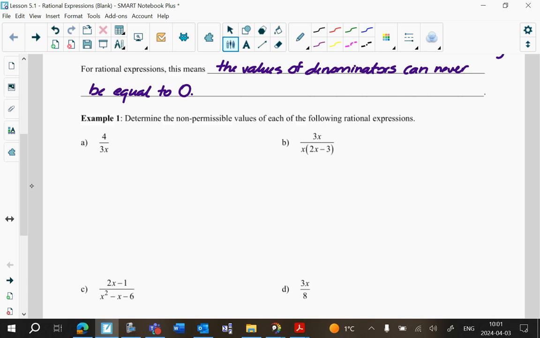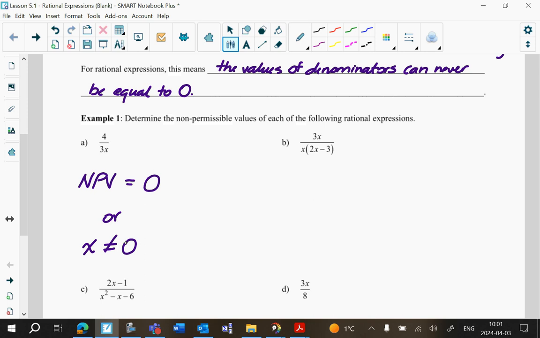Okay, so we could say it one of two ways. We could say the NPV is equal to 0. Or you could do it this way. X is not equal to 0. Either one of those is an acceptable answer.